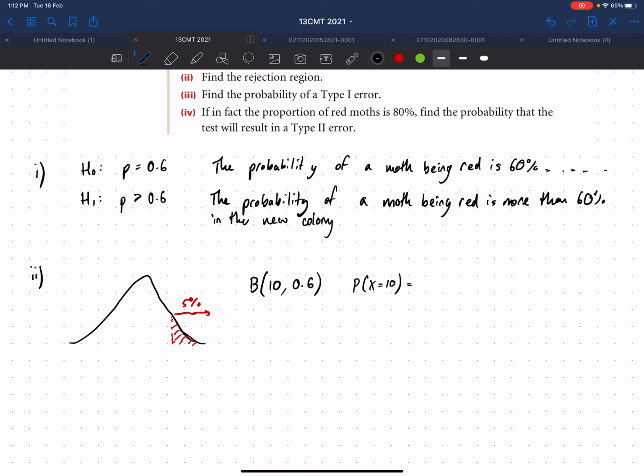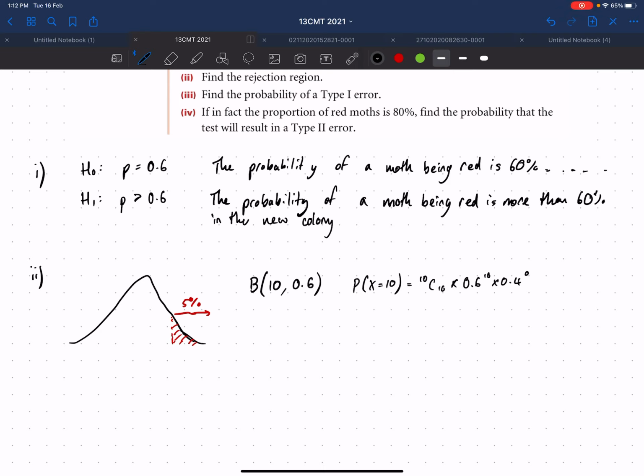Okay, so I would type that into a calculator, which would be 10c10 times 0.6 to power 10, and you can type in 0.4, so times 0.4 to power 0. Okay, so 10c10 times 0.6 to power 10 times 0.4 to power 0.